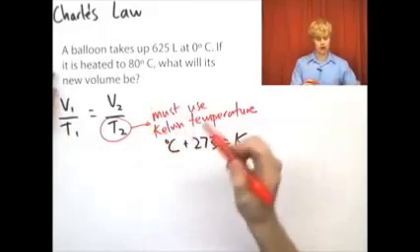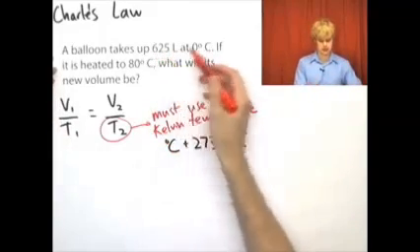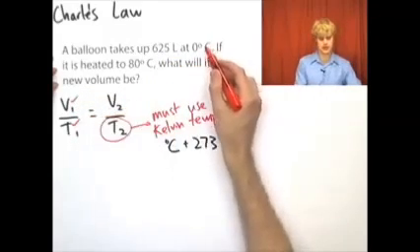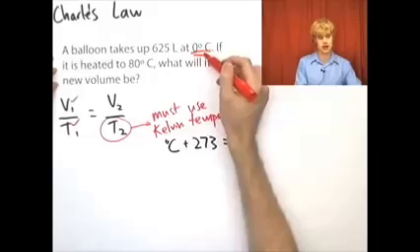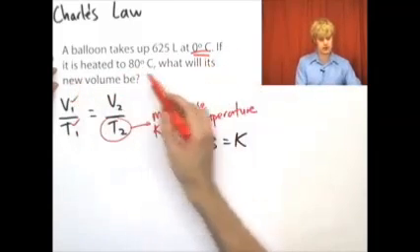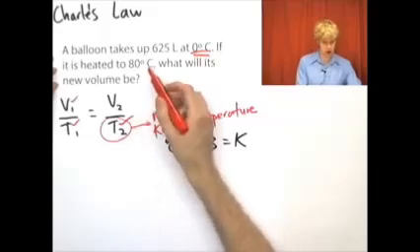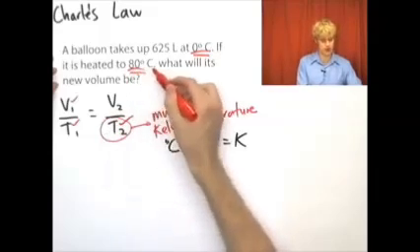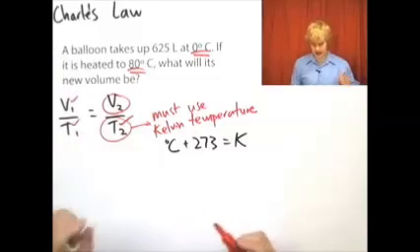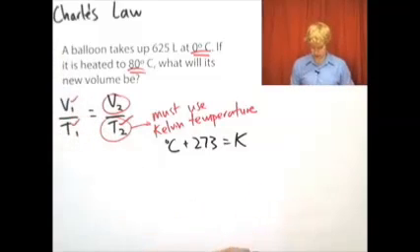So before, our volume is 625 liters, and our temperature is 0 degrees Celsius. But remember, we're going to have to change this to Kelvin temperature before we can use it in the equation. If it's heated to 80 degrees Celsius, so we know what the new temperature is, but remember, we have to change this to Kelvin, what will its new volume be? So V2 is what we're trying to solve for.